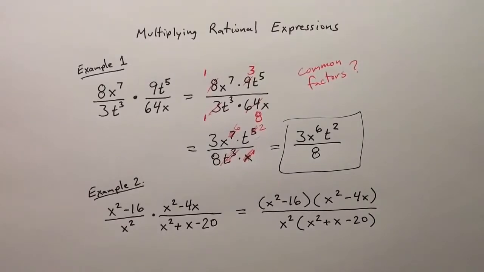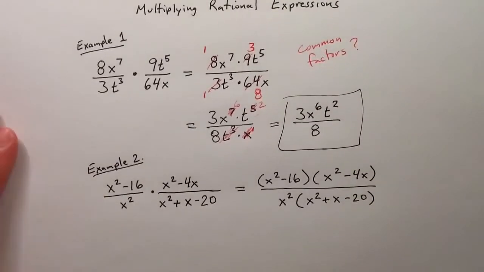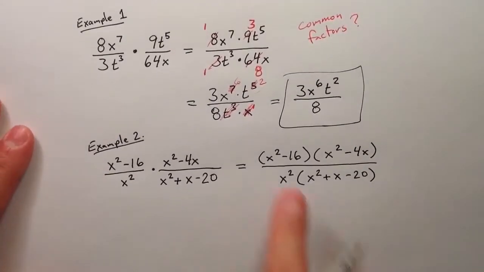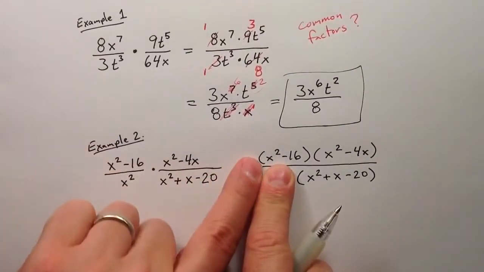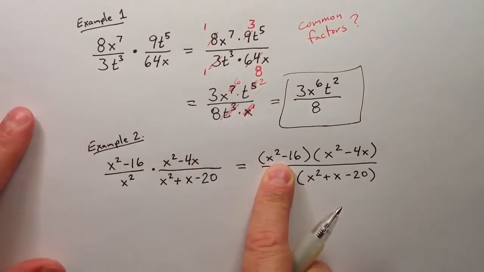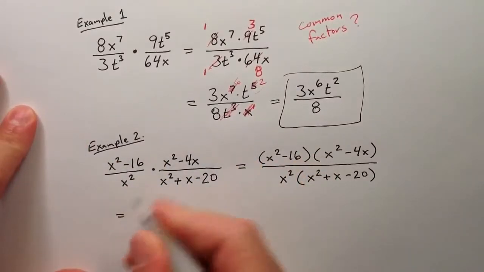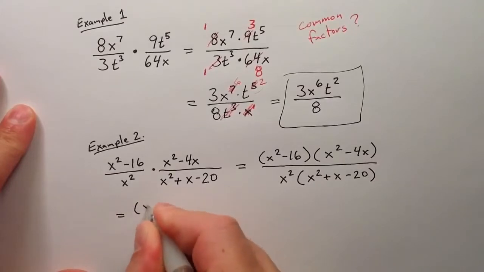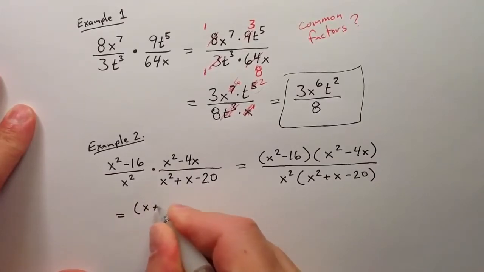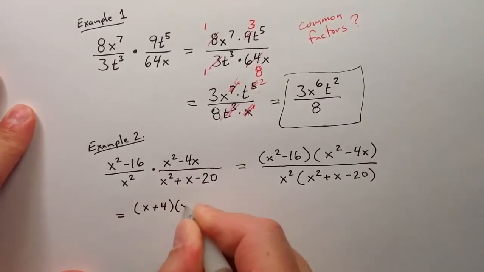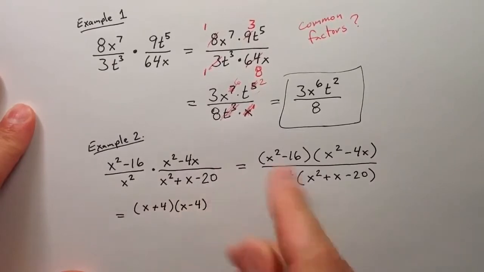I hope you paused the video to think about what we could do next. And let's take a look. So you may have noticed that x squared minus 16 is the difference of two squares. So I can write that as x plus 4 times x minus 4.